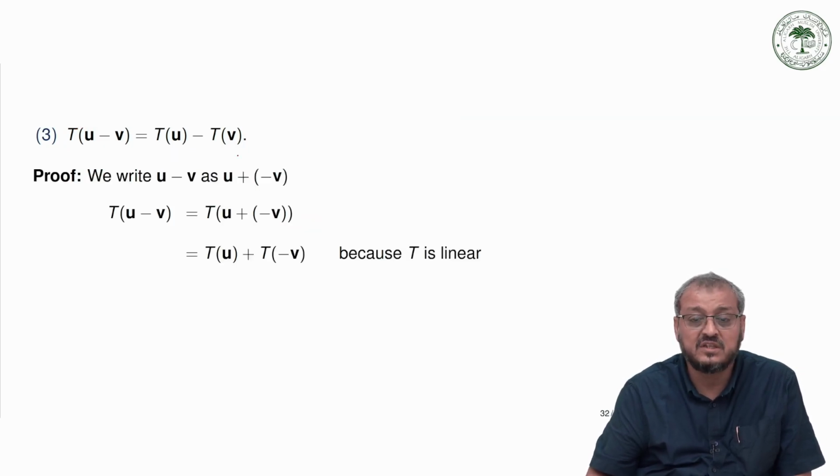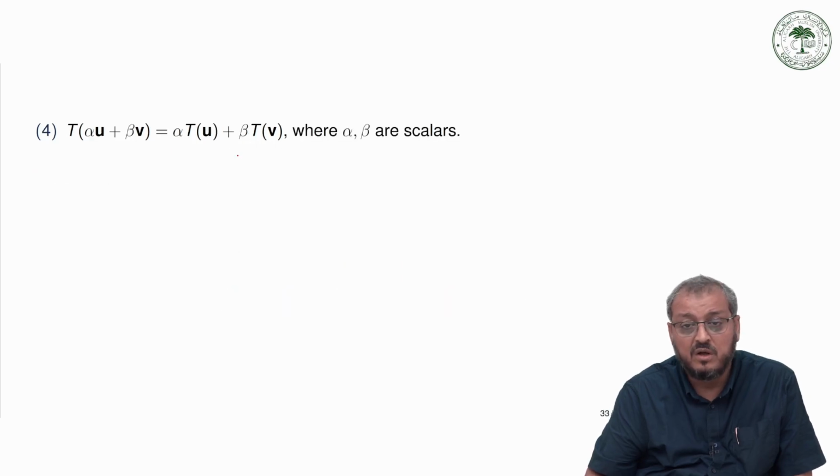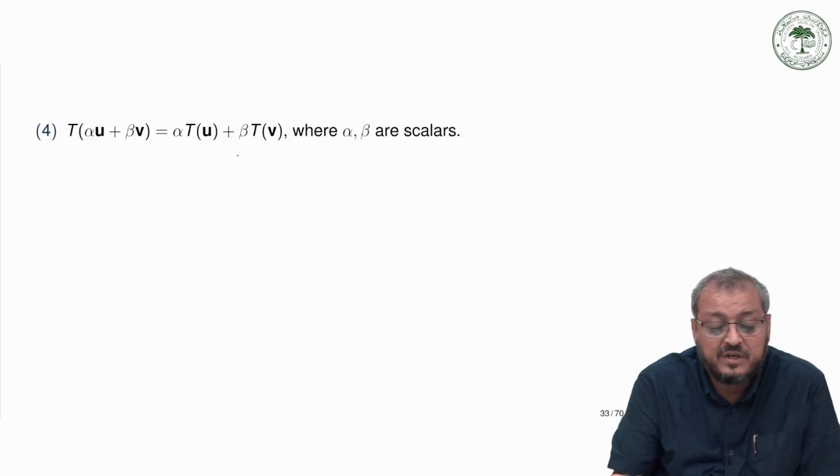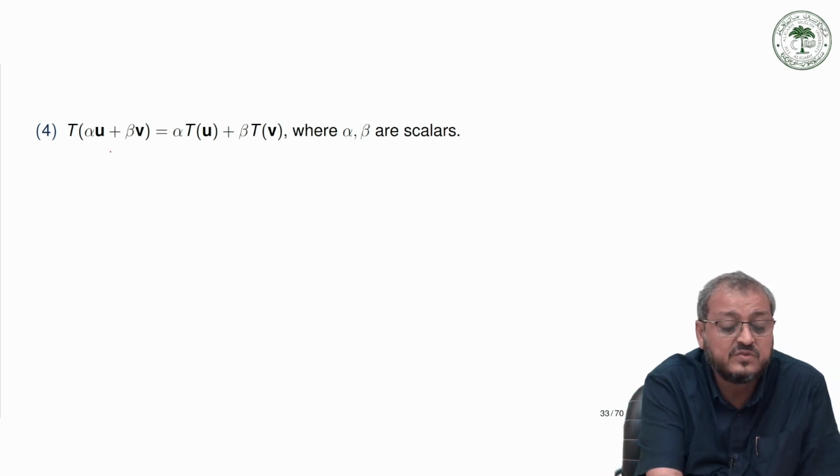So this way we can write that T of minus V is equal to minus T of V by part 2. Now we have alpha and beta as scalars. This is a very trivial case.